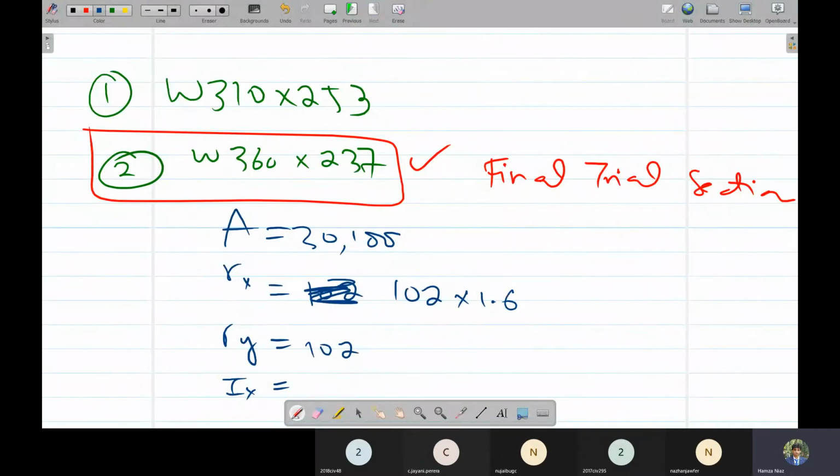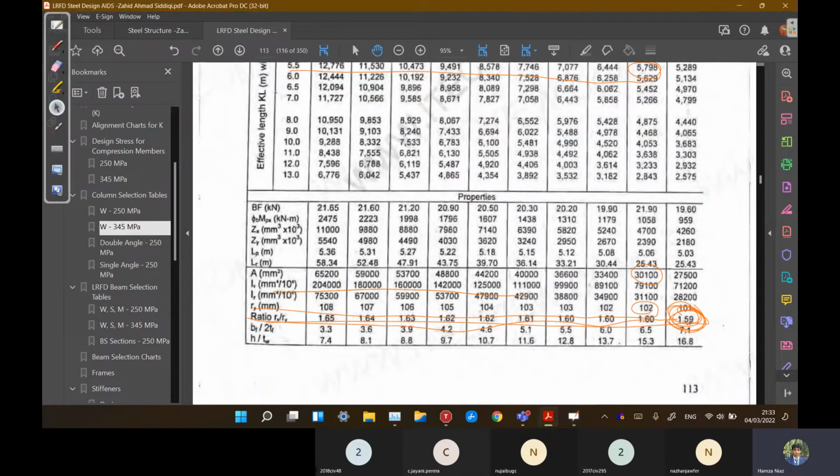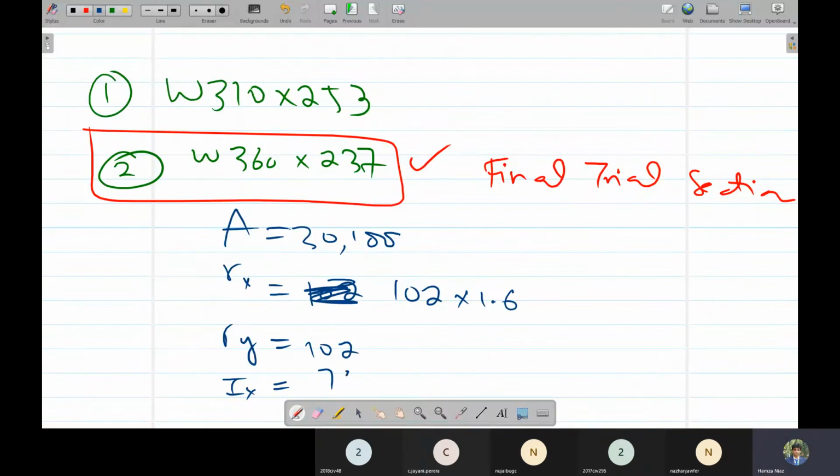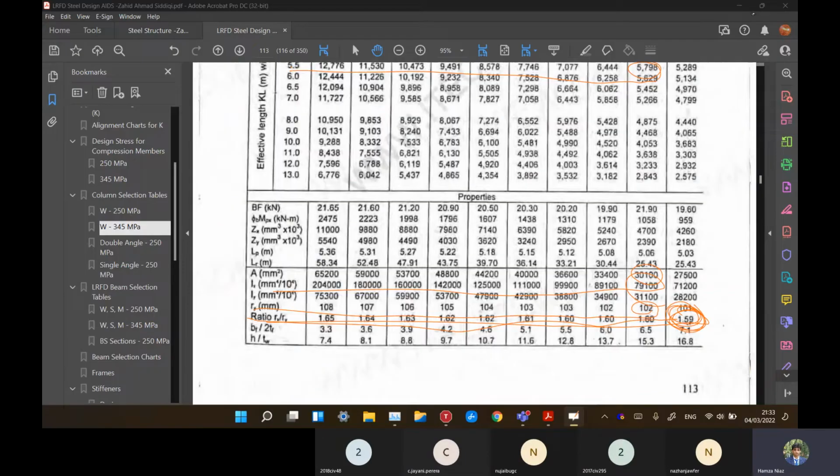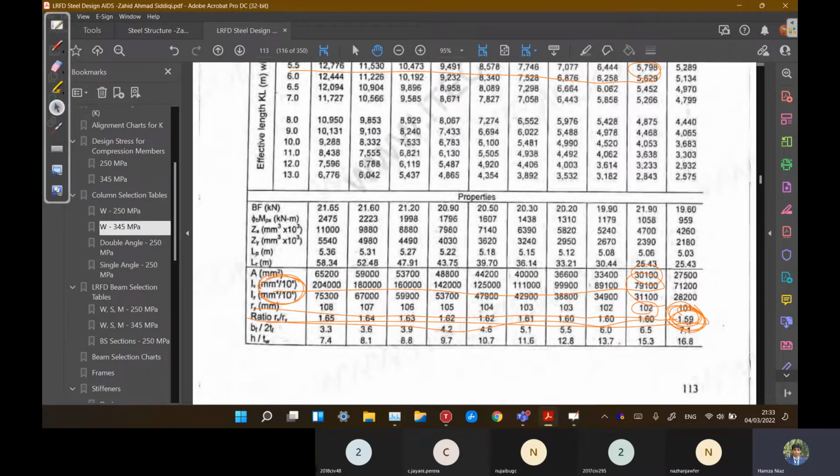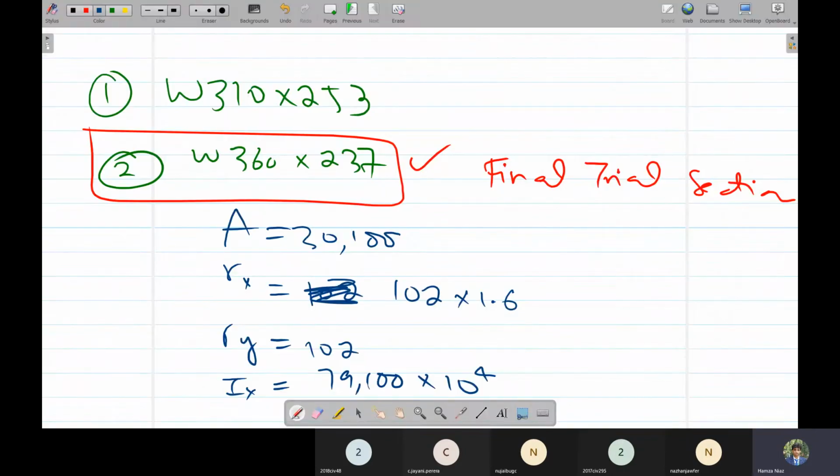Or we can check the tables in the first part of the book and get the accurate value for Rx. We can simply get an approximate from this one. And Ix is this one, 79,100 times 10 to the power 4. These units are raised to the power 10 to the power 4. So this is all the information we would be requiring for the following steps.